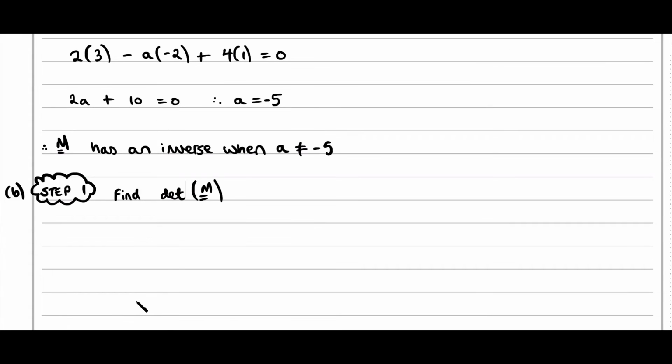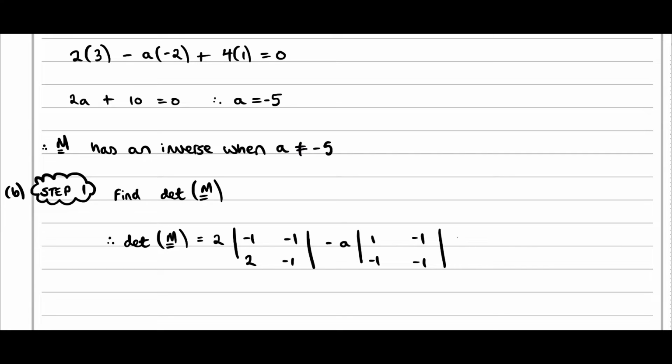So therefore the determinant of M is equal to, well, if I write it out in full, we have 2 lots of minus 1, 2, minus 1, minus a lots of 1, minus 1, minus 1, minus 1, plus 4 lots of 1, minus 1, minus 1, 2.